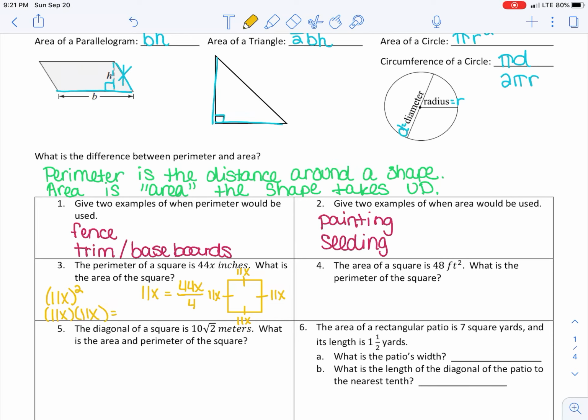We take that 11 times the 11 and we get 121. And then we have x times x. Remember, whenever we're multiplying things that have exponents, we have to add their exponents. So there's really a 1 here and a 1 here, which gives me x squared. So my area of the square would be 121x squared.